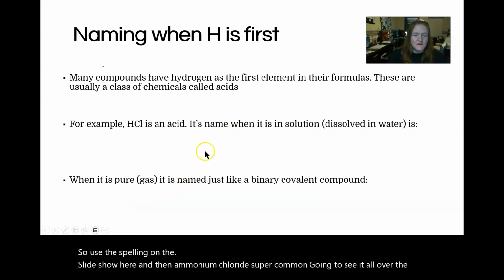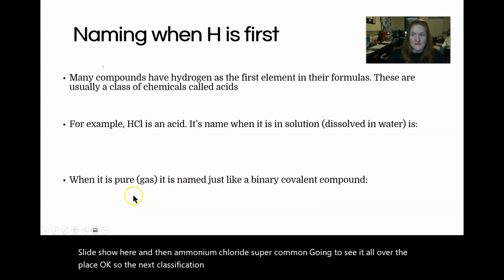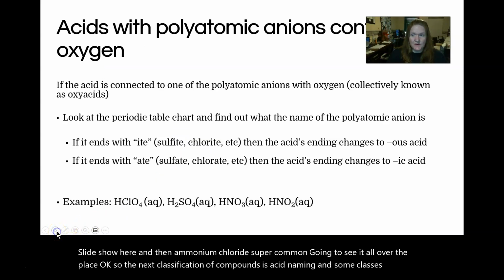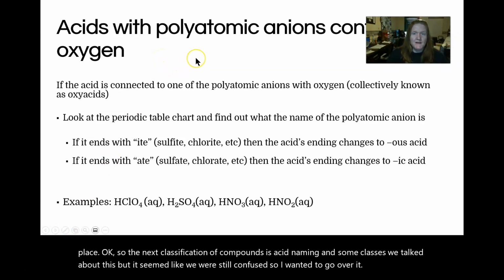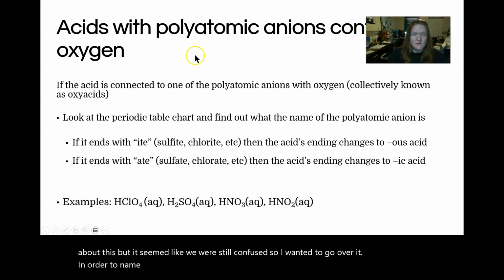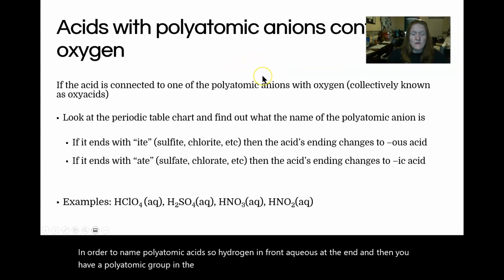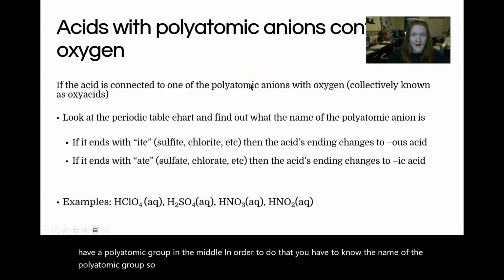Okay, so the next classification of compounds is acid naming. And some classes we talked about this, but it seemed like we were still confused, so I wanted to go over it. In order to name polyatomic acids, so hydrogen in front, aqueous at the end, and then you have a polyatomic group in the middle. In order to do that, you have to know the name of the polyatomic group. So if we're still struggling with that, go back and memorize those first.